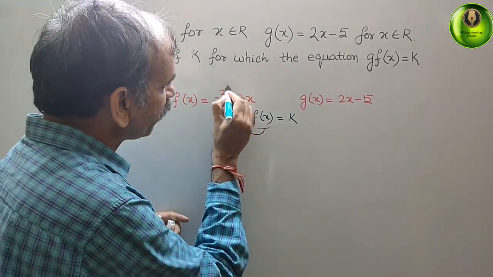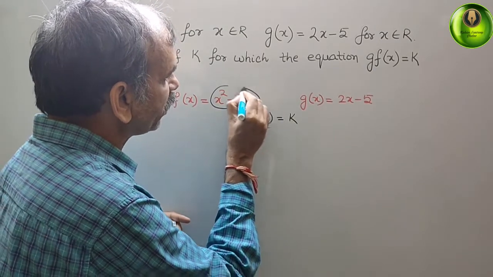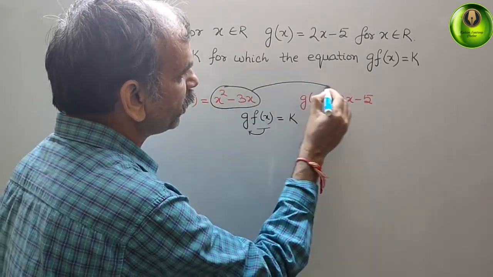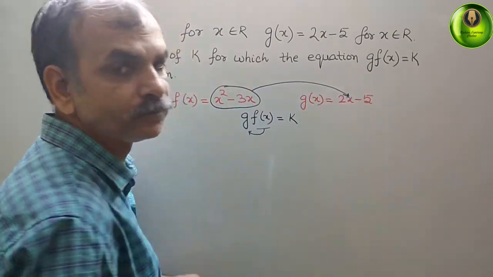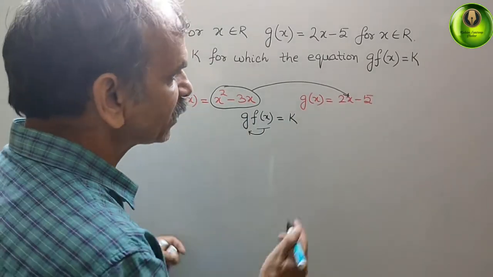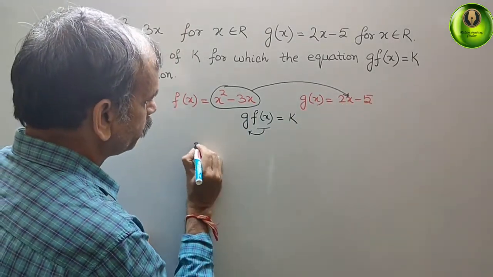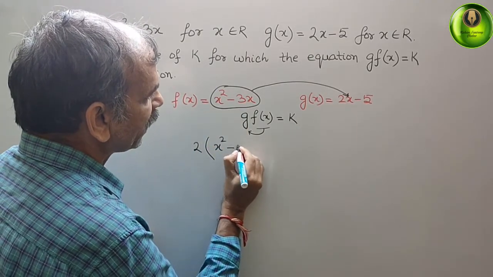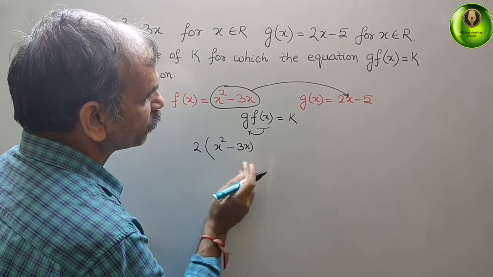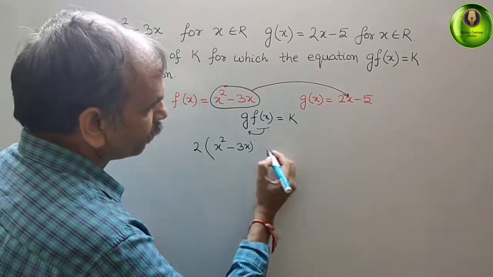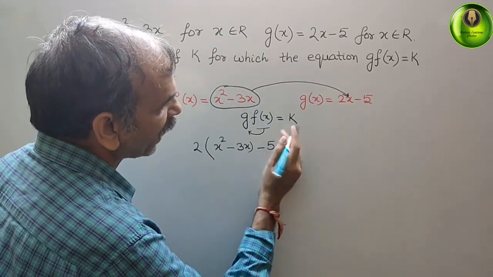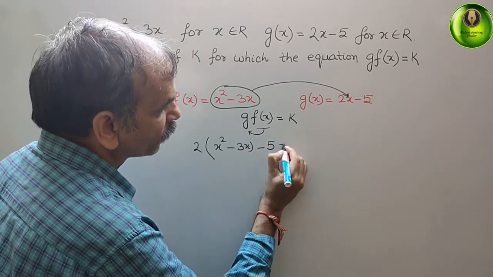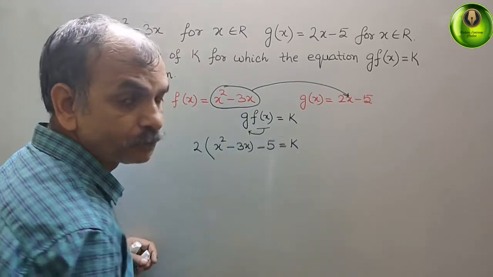That means this value x square minus 3x you have to substitute in place of x. So here what we will get: 2 into x square minus 3x, so this is your x here, minus 5, that gives you k is equal to k.